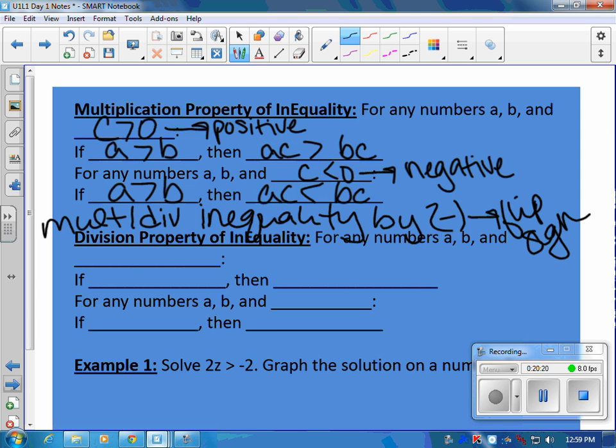This becomes extremely important. This is the only difference that we see between equations and inequalities. If I multiply or divide an inequality by a negative number, I need to flip my sign.